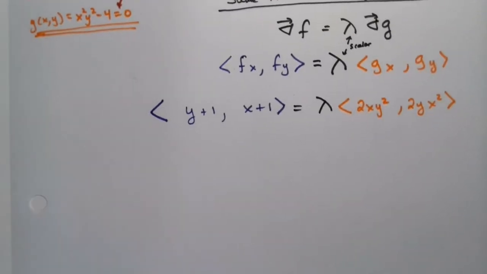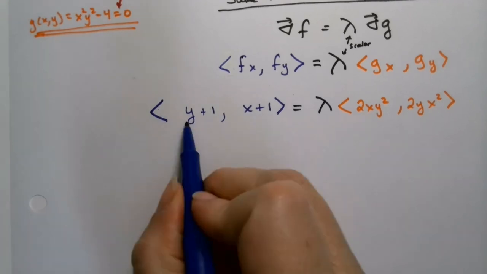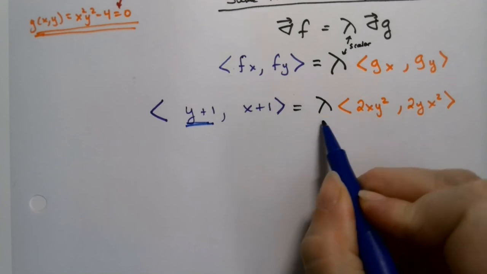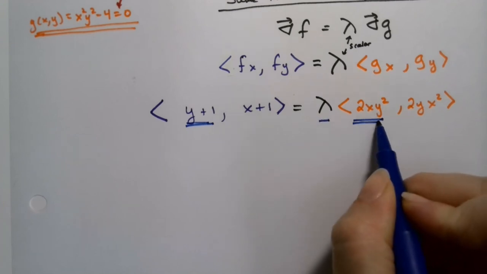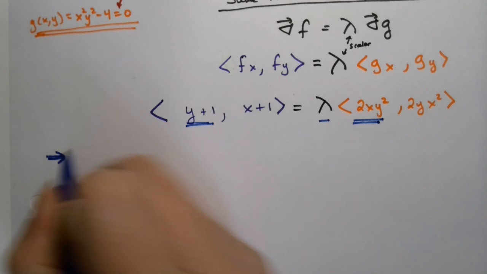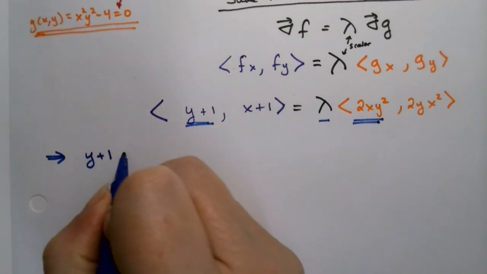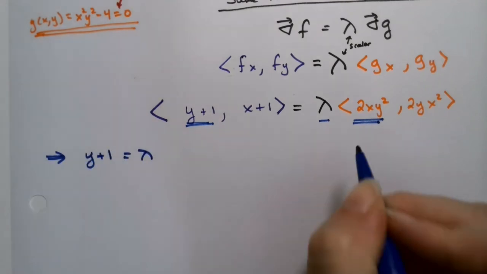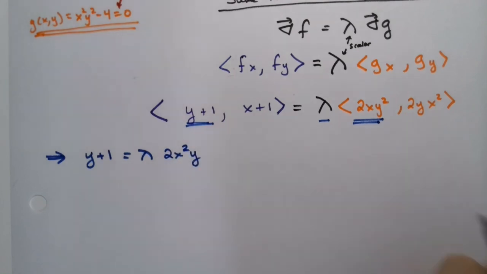Now here's the trick. So these things have to simultaneously be true. In order for that to happen, this piece right here would have to be equal to lambda times this piece right here. So that means that y plus 1 is equal to lambda times 2x squared y.